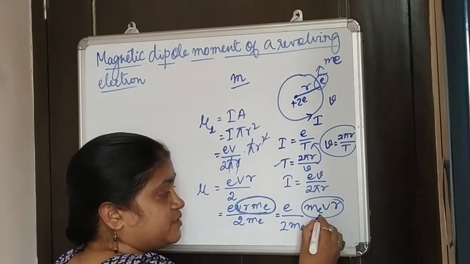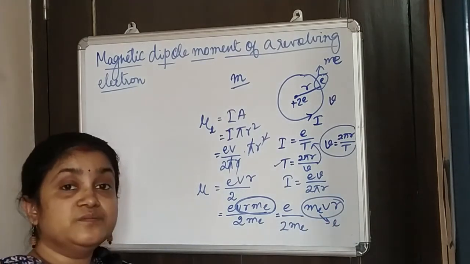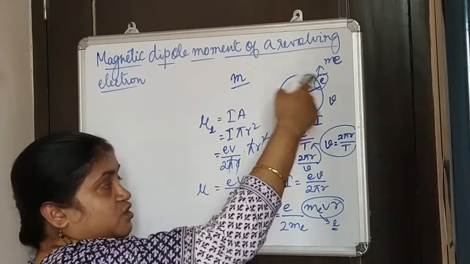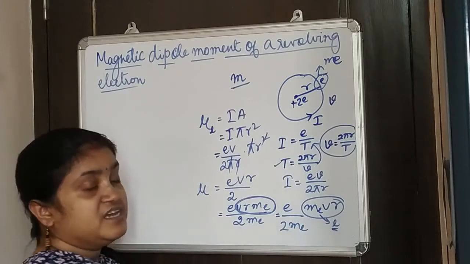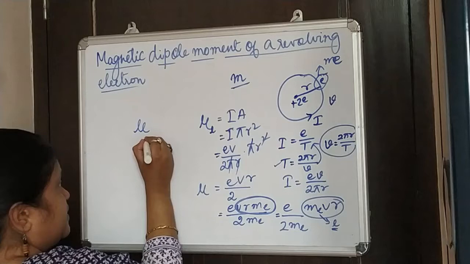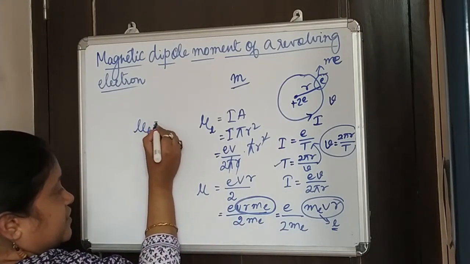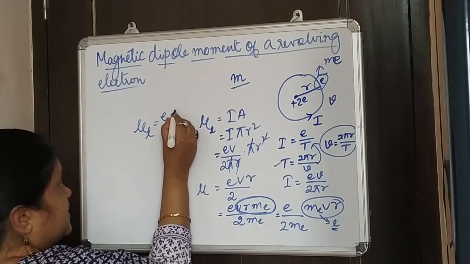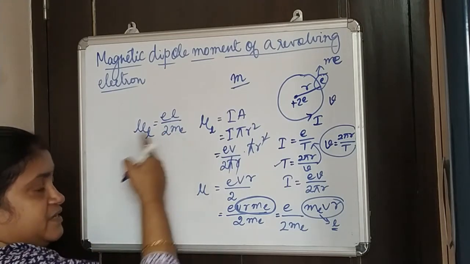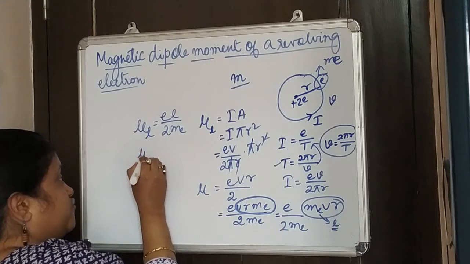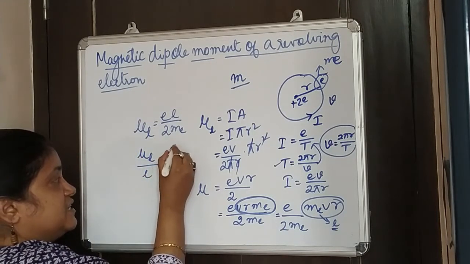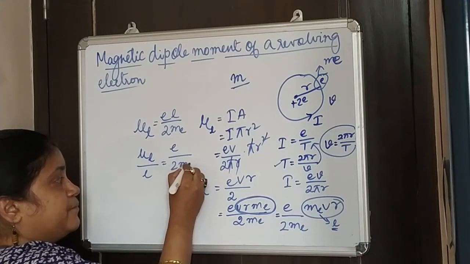This particular expression gives me the angular momentum. Suppose the angular momentum is L for this particular orbit, then m v r gives me the angular momentum. Then I can write mu for a particular angular momentum L as L by 2me into e, right?